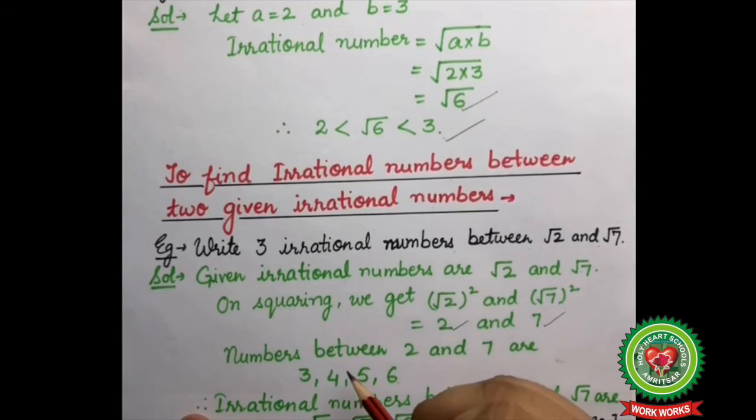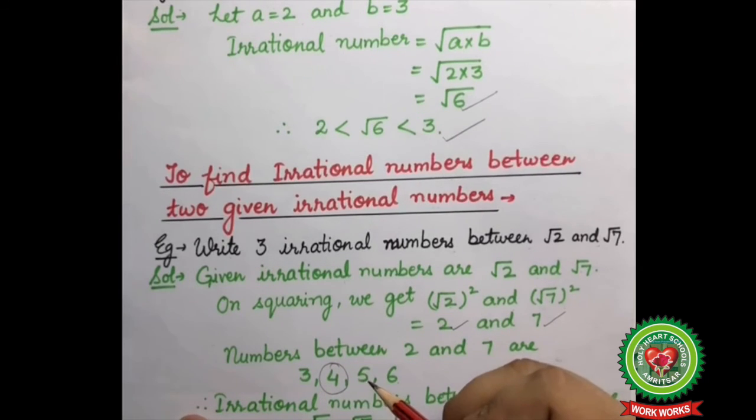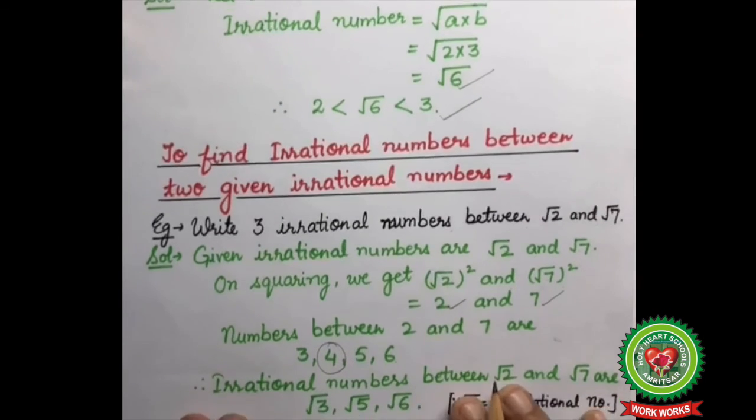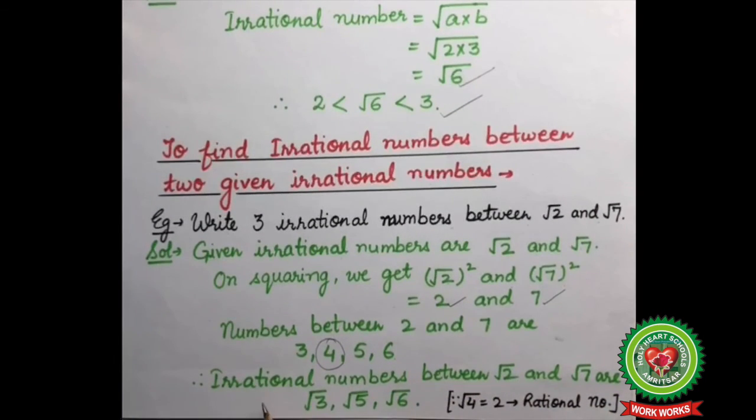But we are not going to put the symbol of square root on 4 because the square root of 4 is equal to 2, which is a rational number, not an irrational number. So therefore the irrational numbers between square root of 2 and square root of 7 are square root of 3, square root of 5, square root of 6.